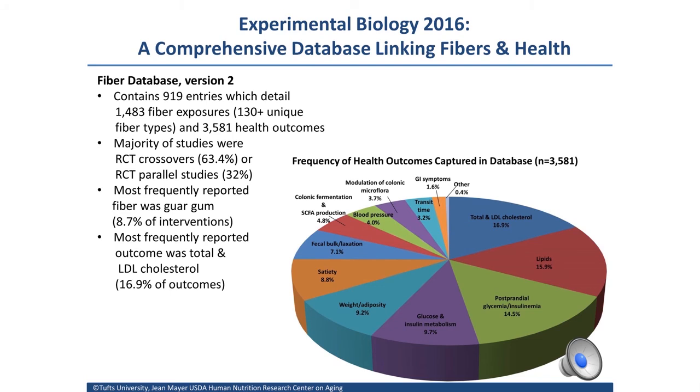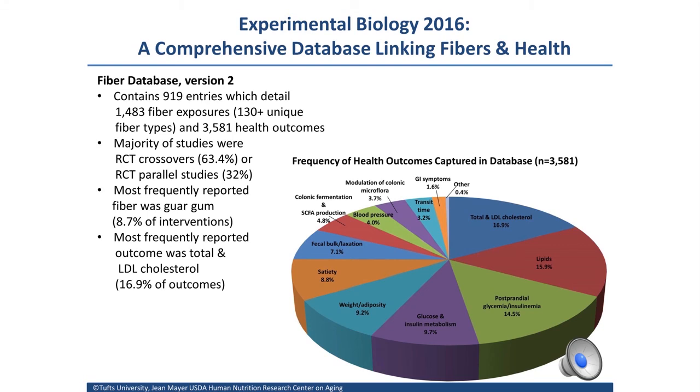I also created an evidence map examining dietary fiber as a whole, in other words, all of the literature captured by the database. This work will also be presented at the 2016 Experimental Biology Conference, and it really provides a general overview of the database and its contents. So just to give you a few quick highlights, Dietary Fiber Database version 2 contains 919 entries, which detail over 1,400 fiber exposures and over 3,500 health outcomes.